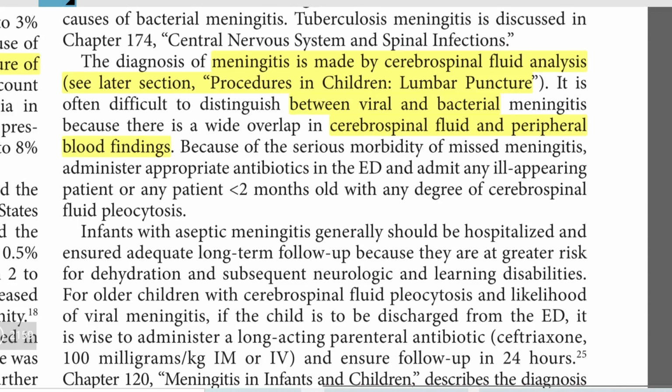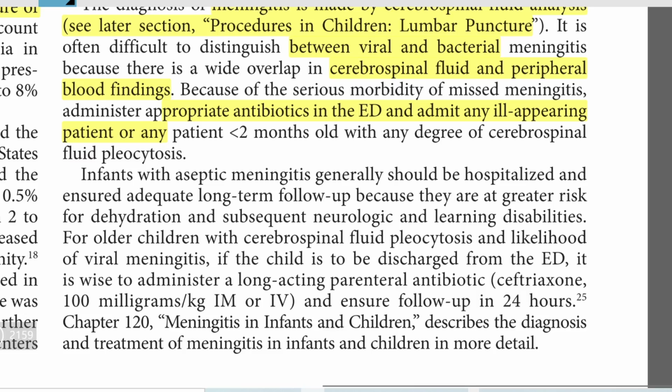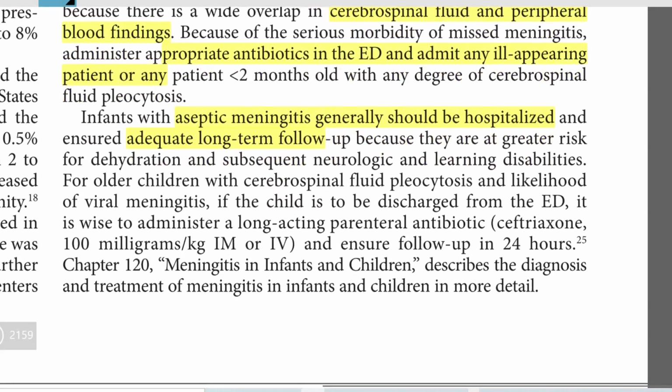Because of the serious morbidity of missed meningitis, administer appropriate antibiotics in the ED and admit any ill-appearing patient or any patient less than 2 months old with any degree of CSF pleocytosis. Infants with aseptic meningitis generally should be hospitalized and ensured adequate long-term follow-up because they are at high risk for dehydration and subsequent neurologic and learning disabilities.